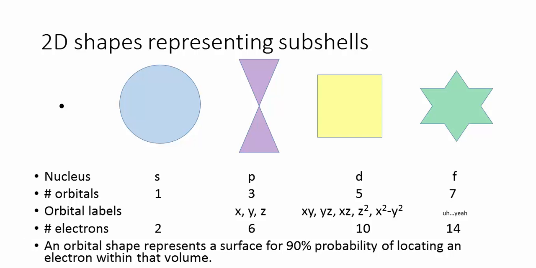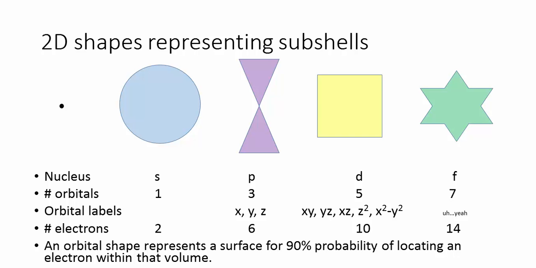Here you see the 4 shapes and colors that will be used to represent the 4 kinds of subshells, S, P, D, and F. The nucleus will be represented by a small black dot at the center of each atom. The blue S subshell is spherically shaped in 3 dimensions, so it's nicely modeled in 2D with a circle.